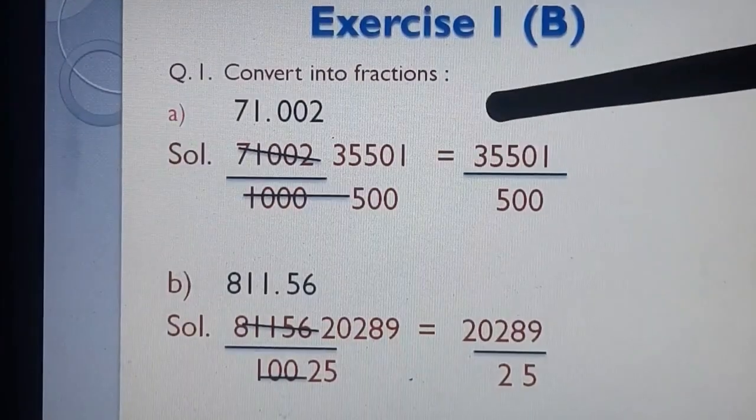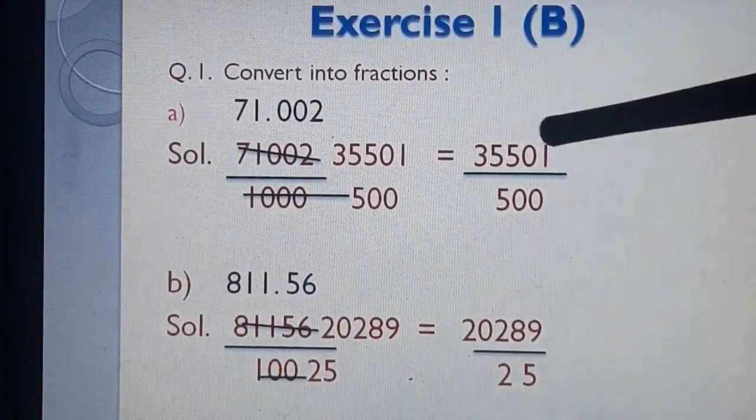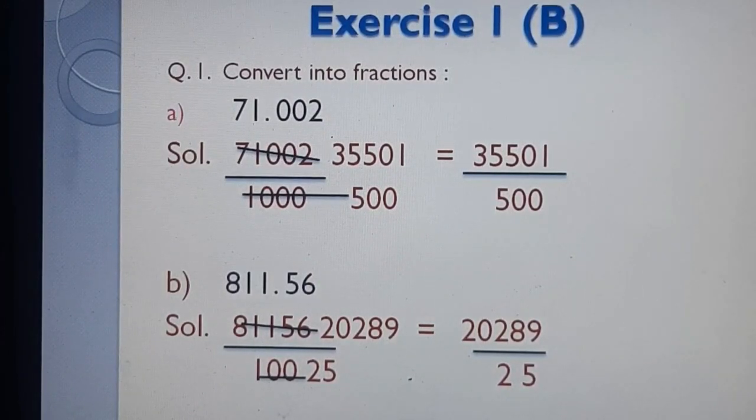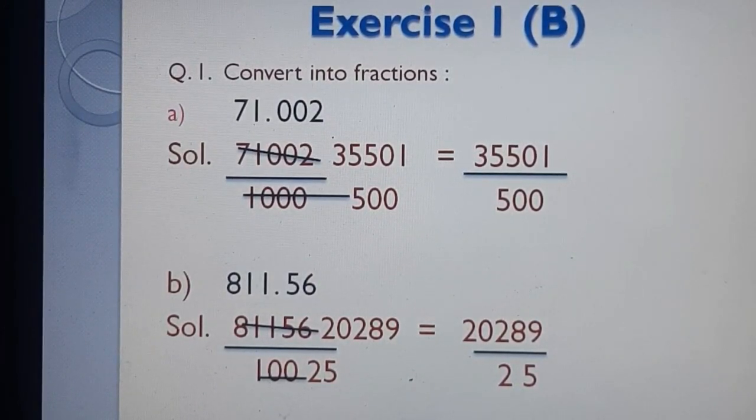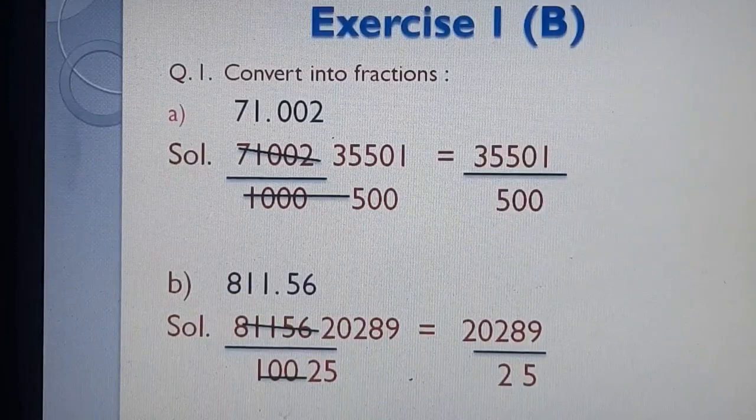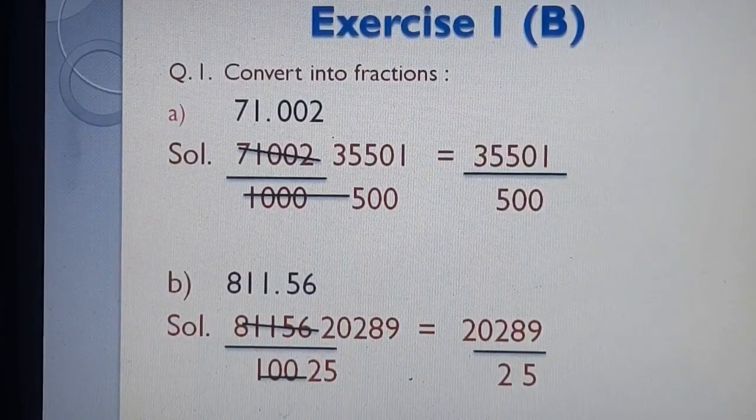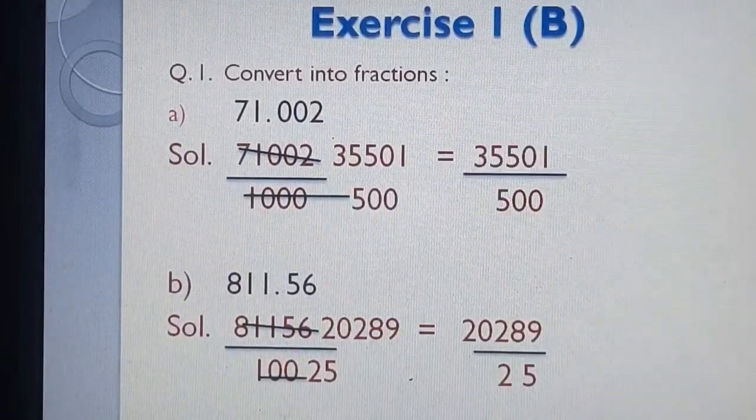So after cutting you will get 35,501 upon 500. Now no more cutting is there, so this is the lowest term. It will become our answer. Right?